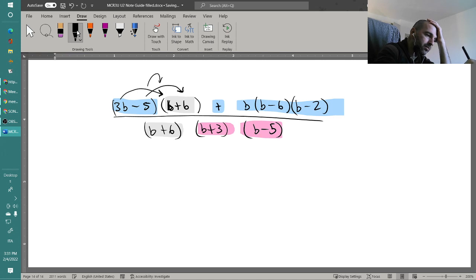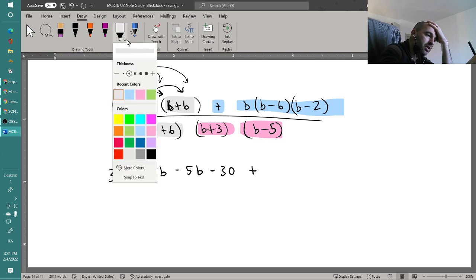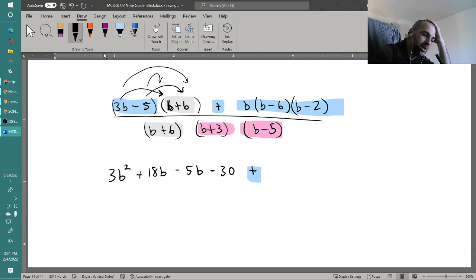Like that, all right? So I'm going to get, try not to make a mistake. 3b squared is 3b times b, and then 3b times 6 is plus 18b, minus 5b, minus 30, plus, okay? The plus is the blue plus there. Now I'm going to do all of this stuff multiplied together as well.